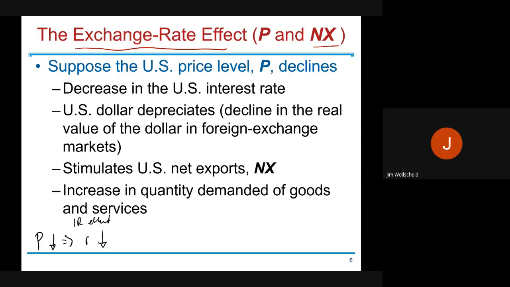I know interest rates fall. When interest rates fall, if we go back and look at chapter 19, we can see exchange rates fall. And when exchange rates fall, or cause the dollar to depreciate, we know net exports increase. And when net exports increase, we move down along the aggregate demand.